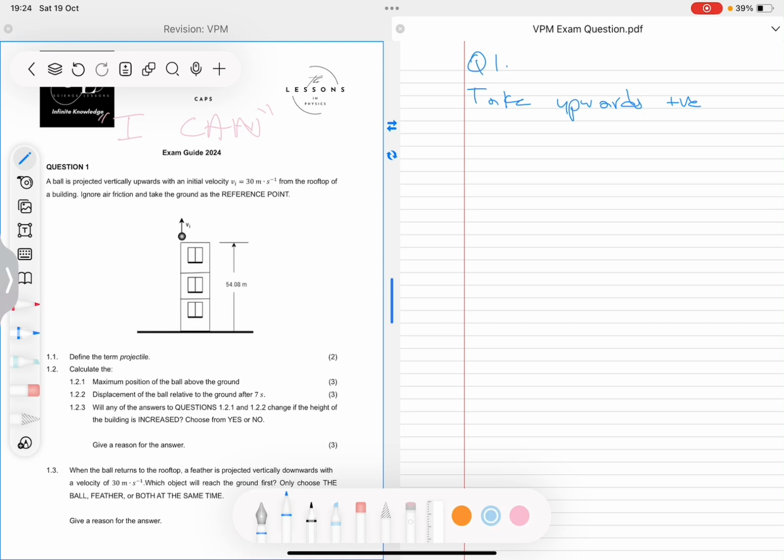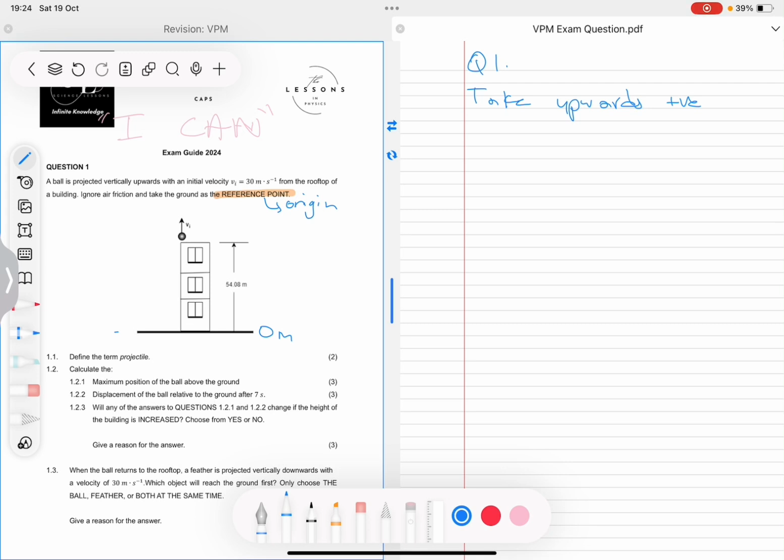So the word reference point means the origin. That means the ground. Here on the ground, that's where we start measuring our position, right? So this means the ground here is 0, 0. It is 0 meters in terms of measuring our position.